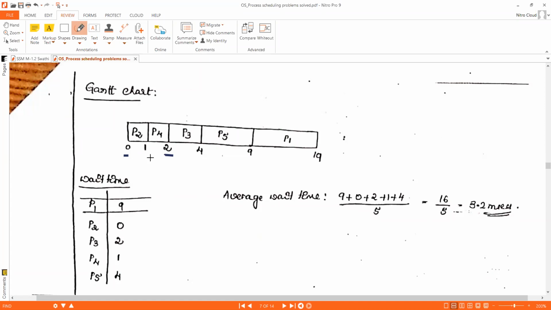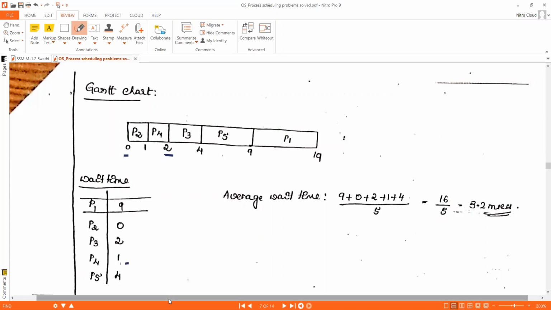Next, process 4's allotted time is 1 millisecond, its arrival time is 0 milliseconds. 1 minus 0, it is 1 millisecond is the waiting time for process 4. Next, process 5's allotted time is 4 milliseconds minus its arrival time 0 milliseconds. So 4 minus 0, it is 4 milliseconds is the waiting time.